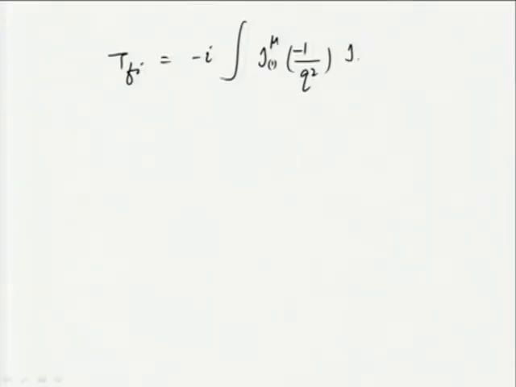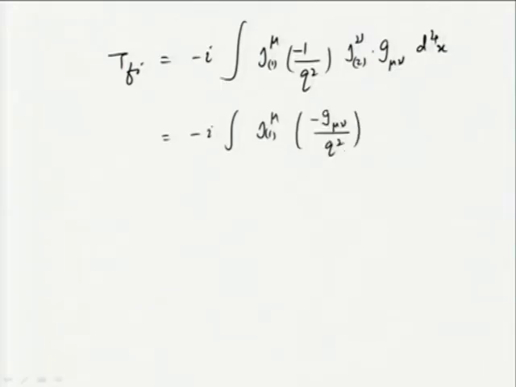So, j2 nu I want to write, but then I should have a g mu nu, so that everything is proper, integrated over 4 position coordinates. So, I will take it as the integral of j1 mu, and let me take this g mu nu with this q square and write it as minus g mu nu over q square j2 nu.